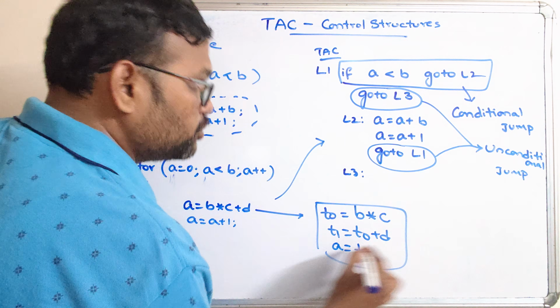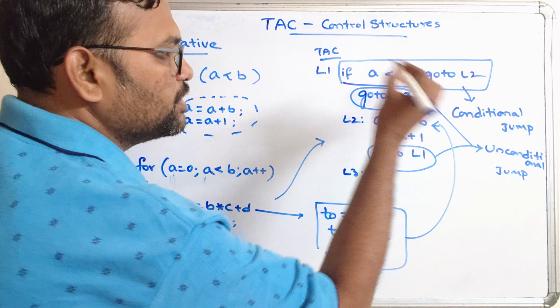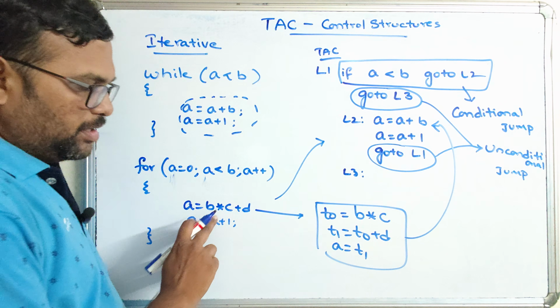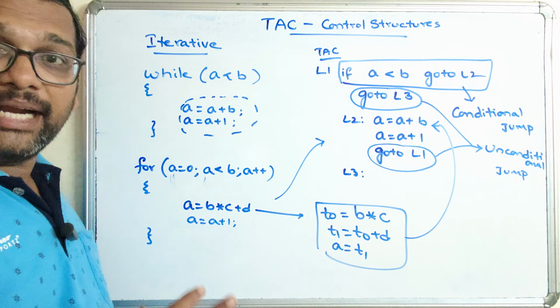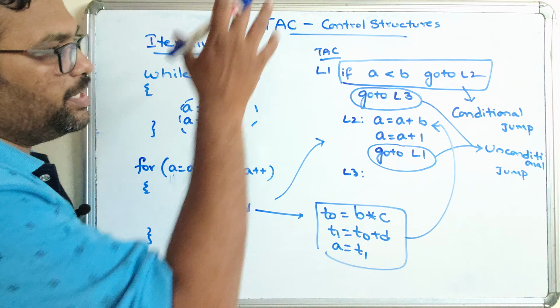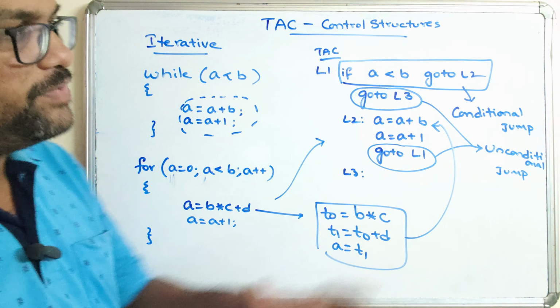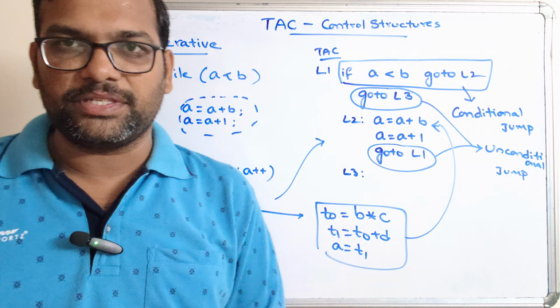This code should be written in the place of a is equal to a plus b. Like that, we need to follow the three address code rules, and write the three address code with the help of these conditional and unconditional jumps.